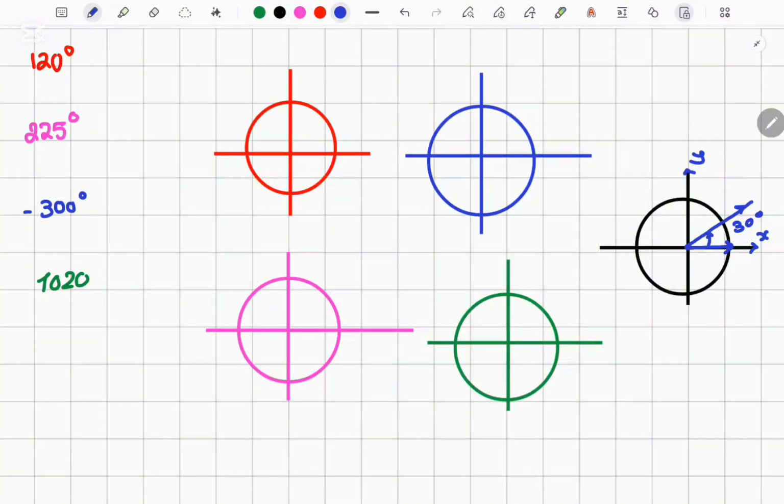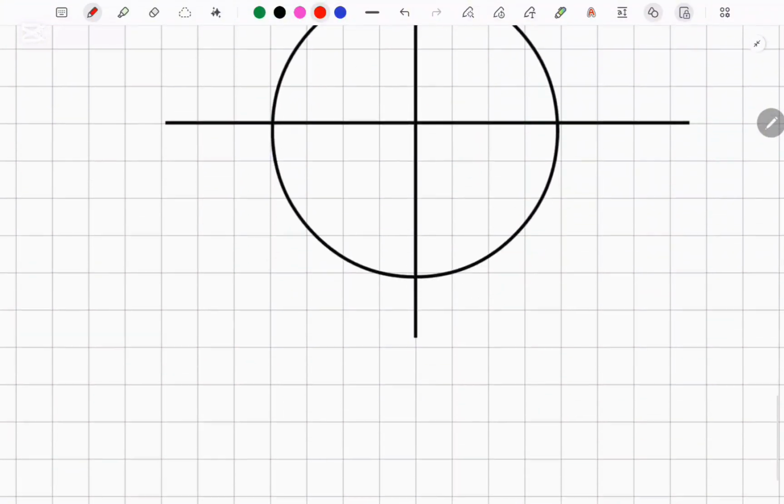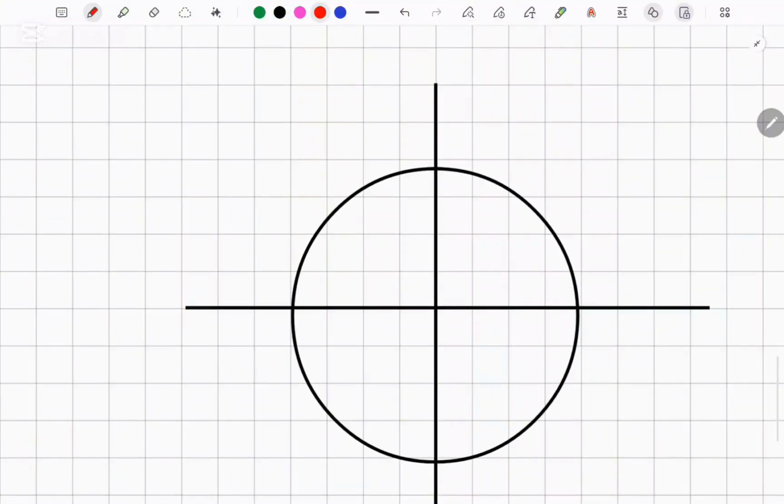Something else that I have to talk about is the fact that angles can be positive and negative, okay? Look at this other circle that I have over here. As I said, the initial side is always the positive part of the x-axis.